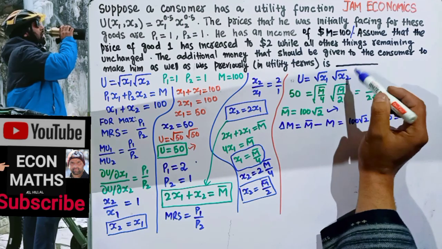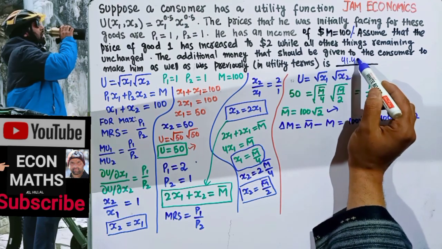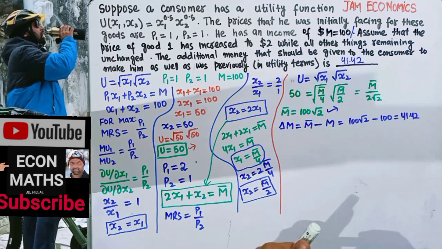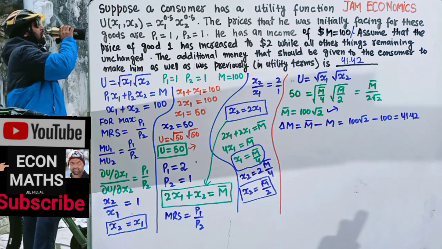That means we need to give the consumer $41.42 extra so that he feels as good as he was initially when the price of good x1 has increased.